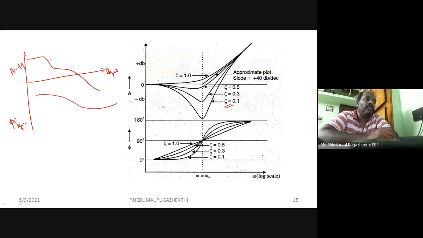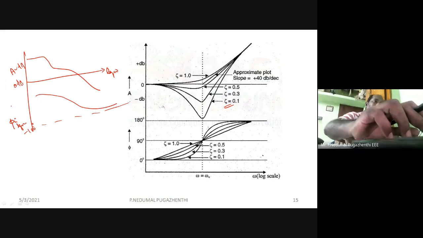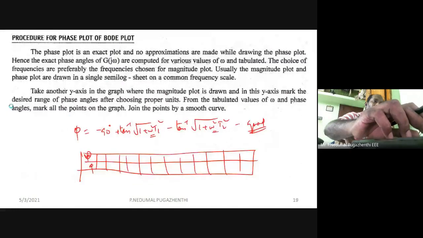So you will have a magnitude plot and a phase plot, and this is going to be the 0 decibel line. And let us say this is 180 degrees. Okay, so this is how your plot will be. And finally, how to calculate your gain margin and phase margin, that we will try to teach you now.